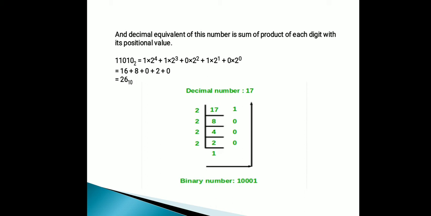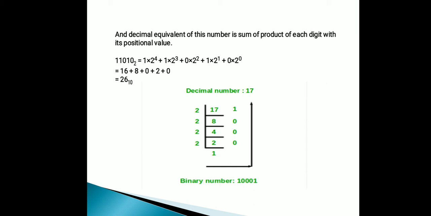First, from the rightmost side, the digit is 0. What is the place value? Write down 0 into 2 to the power 0. Why 2 to the power 0? Because it is a binary number. Plus, the second digit is 1, so write 1 into 2 to the power 1.